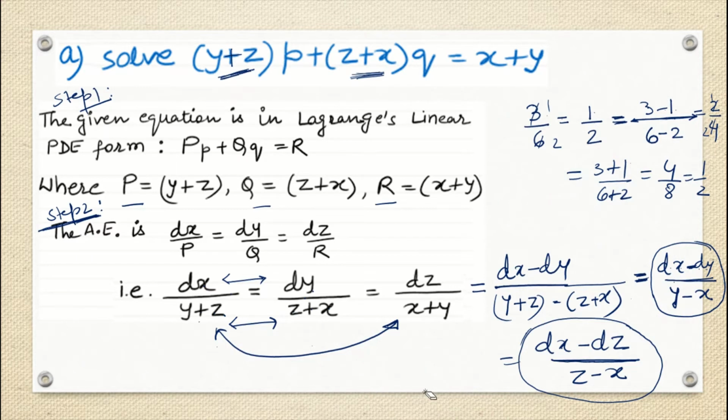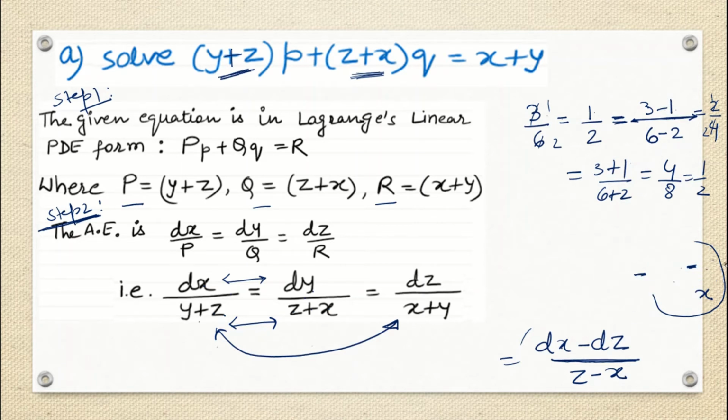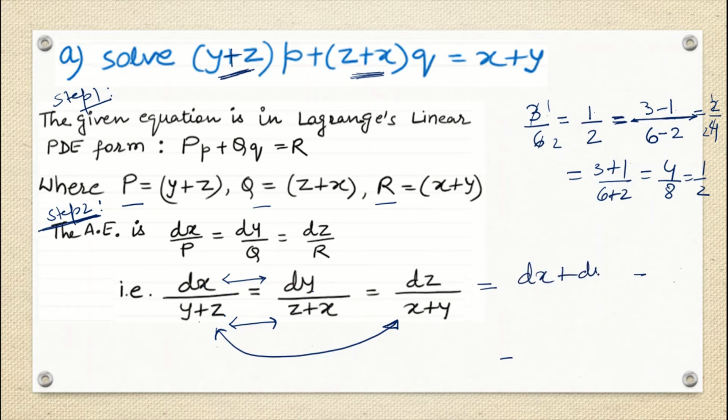Even I can add all these three fractional terms and equate that with the remaining fractional terms. That means here I can write dx plus dy plus dz, and then the denominator will be y plus z plus x plus y.